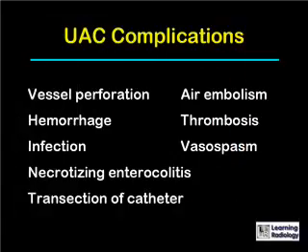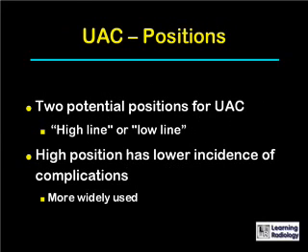Complications of umbilical artery catheters include vessel perforation, air embolism, hemorrhage, thrombosis, infection, vasospasm, necrotizing enterocolitis, and transection of the catheter.